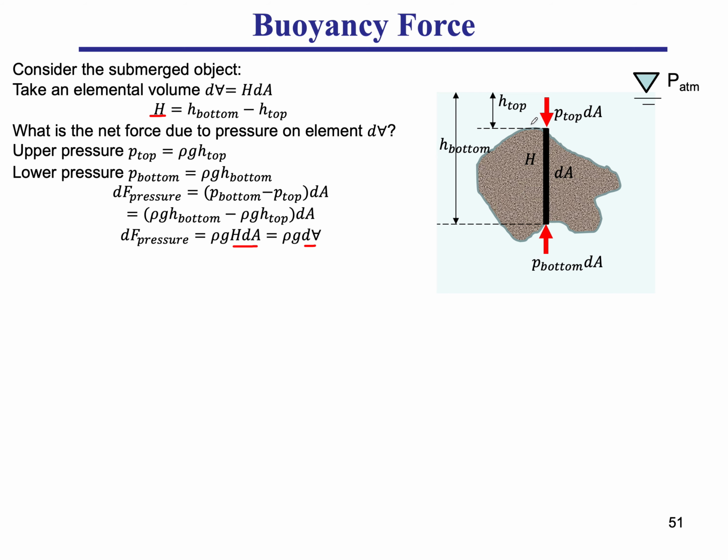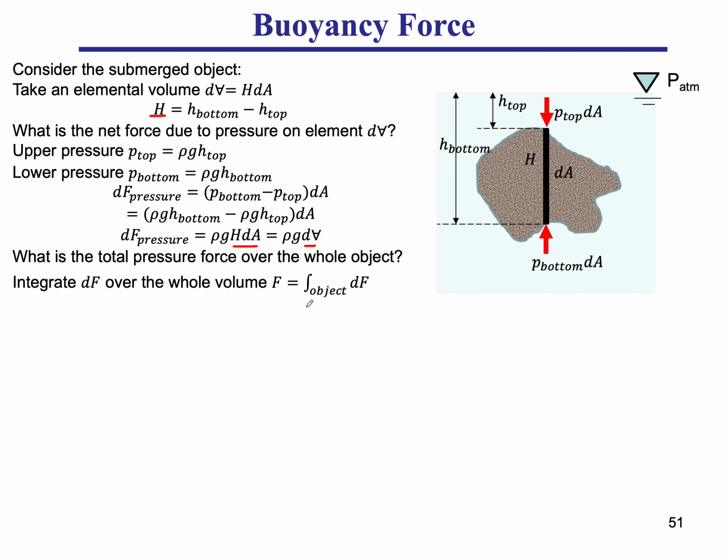And if I sum up all the forces dF and sum up all the volumes, I'm going to get the net force on the object. So that's exactly what we are going to do: sum them up, which means we are going to integrate. The net force due to the pressure on this submerged object is just the integral of dF over the whole of the object itself.